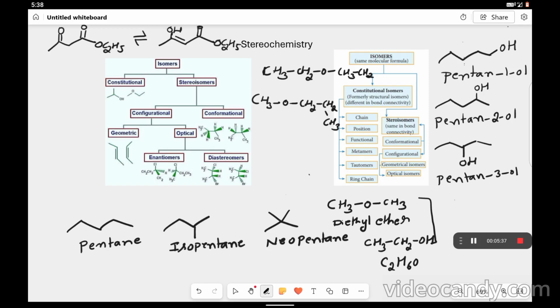Here, the same compound ethyl acetoacetate exists in the keto form as well as the enol form.